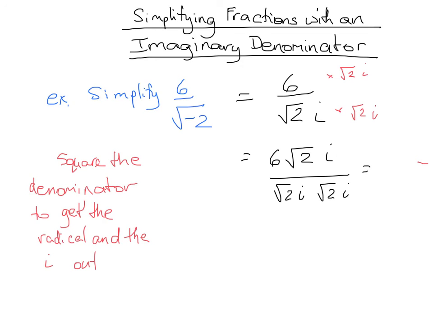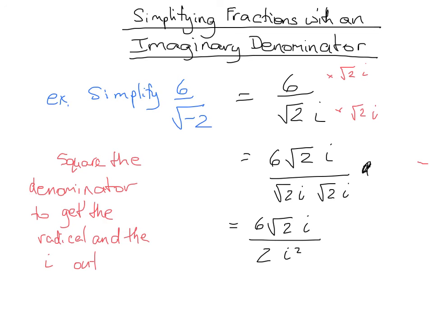Well, what is that equal to? Let's put it down here. 6 root 2i, and if I multiply root 2 by root 2, I get 2. And if I multiply i by i, I get i squared. Alright, we're getting warm here.